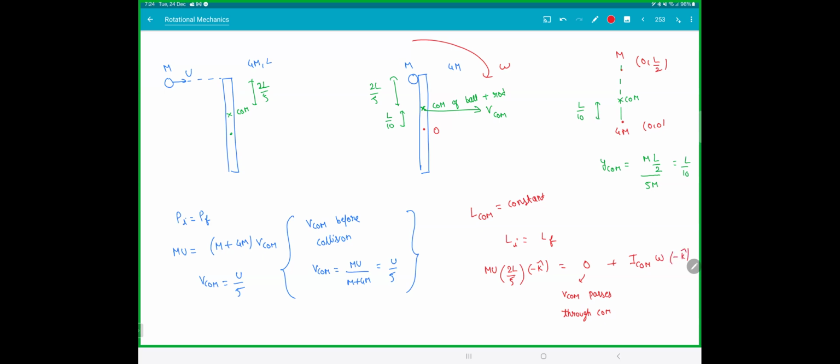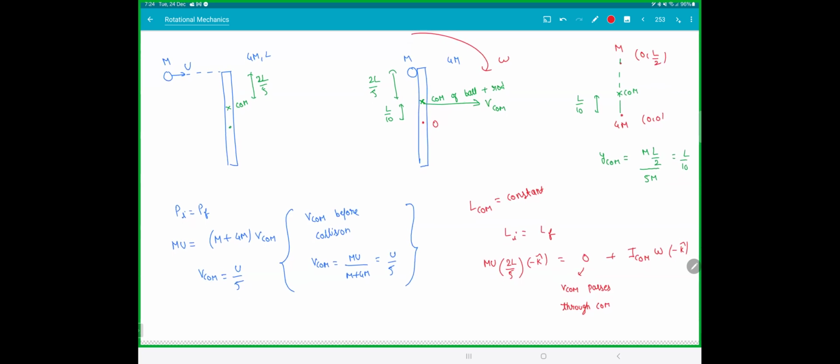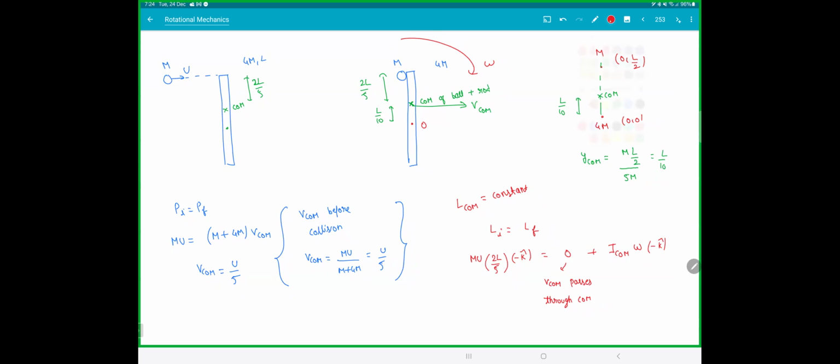But be careful, this I COM is not one single thing, it is a rod plus the ball. So I center of mass will be I ball plus I rod. The ball will be M into 2L by 5 whole square, plus the rod will be 4ML square by 12 plus parallel axis theorem, 4M into L by 10 whole square.